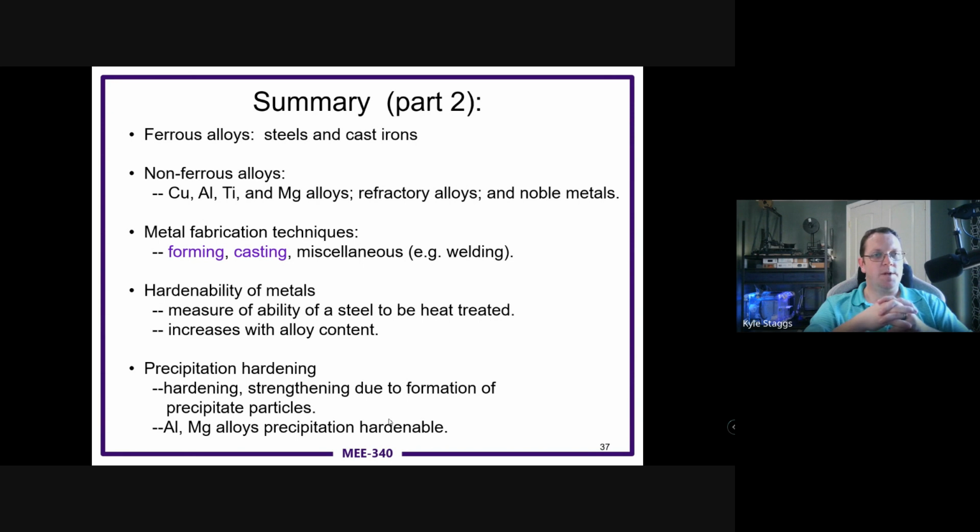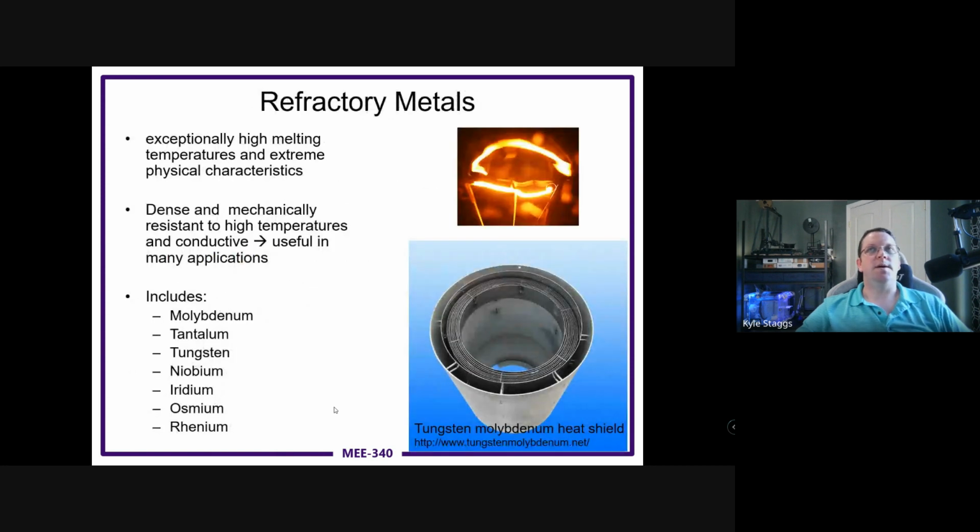If it's a copper beryllium, you're trying to crystallize out the beryllium. And that way, you can also have aluminum and magnesium alloys precipitate hardened because of that slightly larger alpha phase that's available, as long as you do that quenching process.